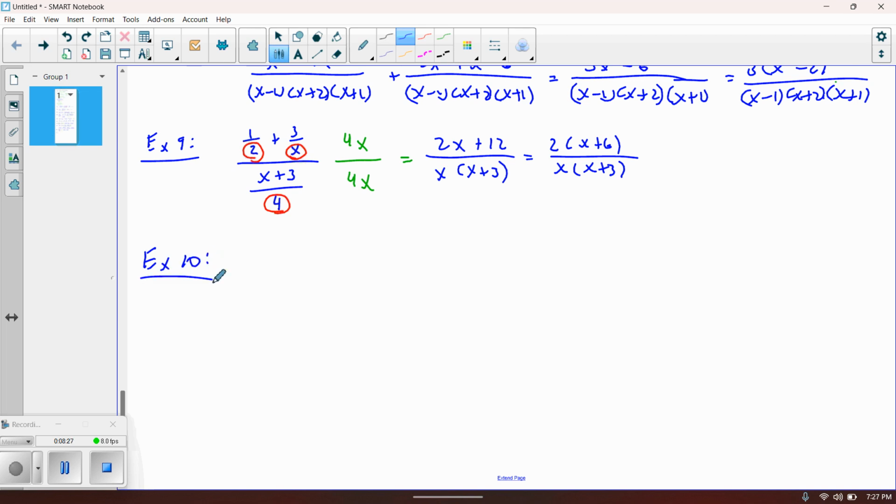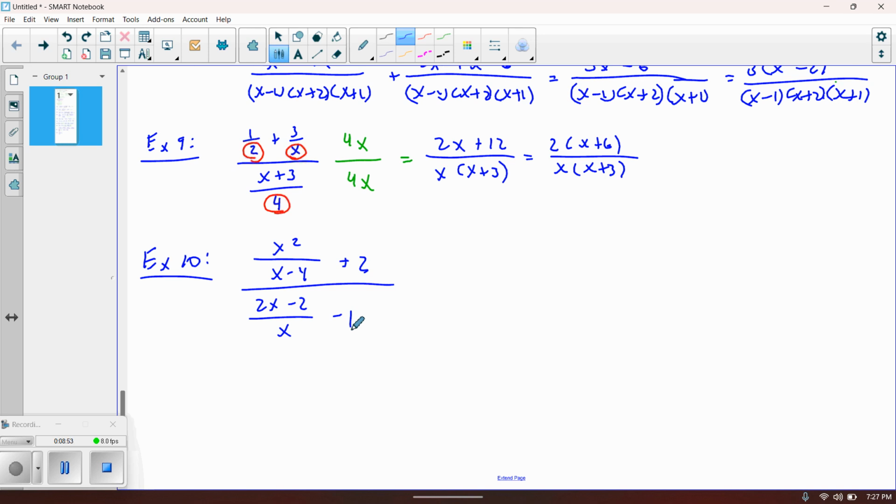So our 10th example, I know it's a lot of examples. Let's see, we've got x squared over x minus 4, and then plus 2, all over 2x minus 2 over x, and then minus 1.